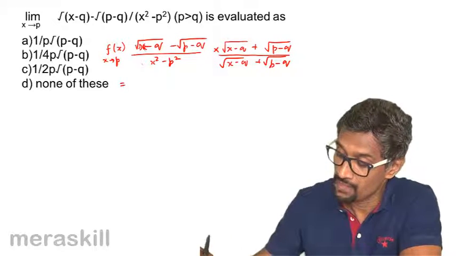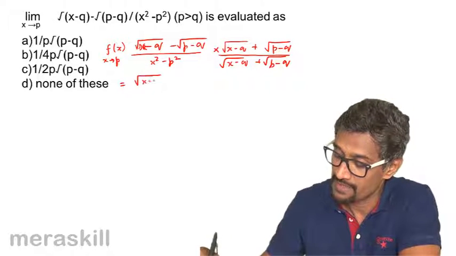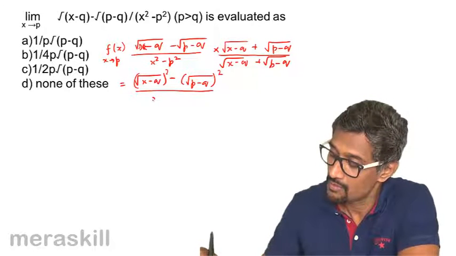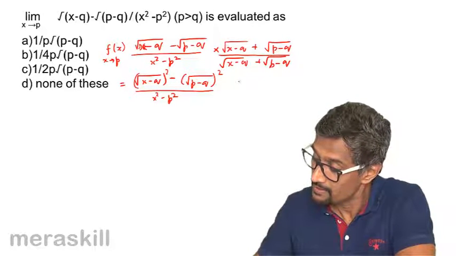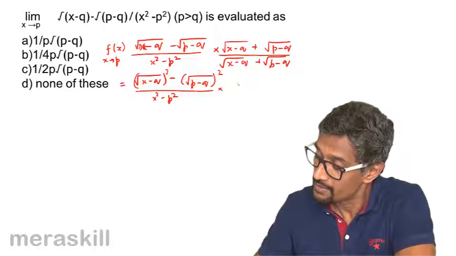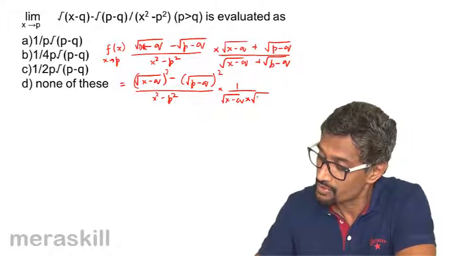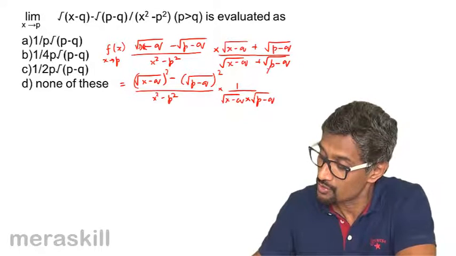Now this will become root x minus q the whole square minus root p minus q the whole square, upon x square minus p square into, this part is still left, root x minus q into root p minus q.